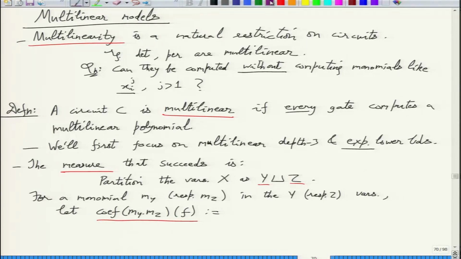Somewhere maybe we write down that f is multilinear over a field in variables x. So multilinear polynomial.